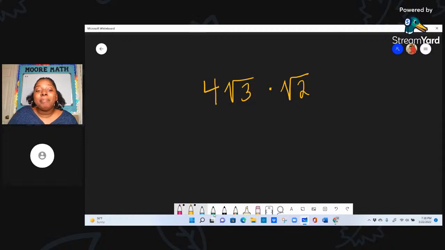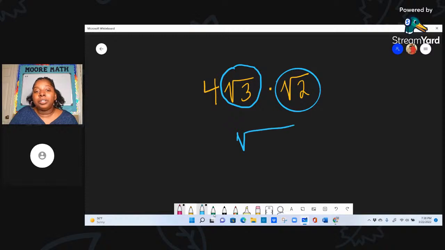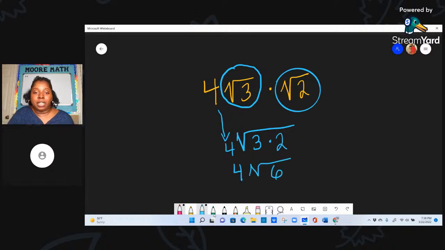Remember, we can't combine the 4 with anything, but can I combine these two? Yes, ma'am. So we put it all under the same square root. And what am I going to put under the square root? 6. Good, because it's 3 times 2, right? And just bring down the 4. So the answer would be 4 square root of 6. You see that? Yes, ma'am. Awesome.